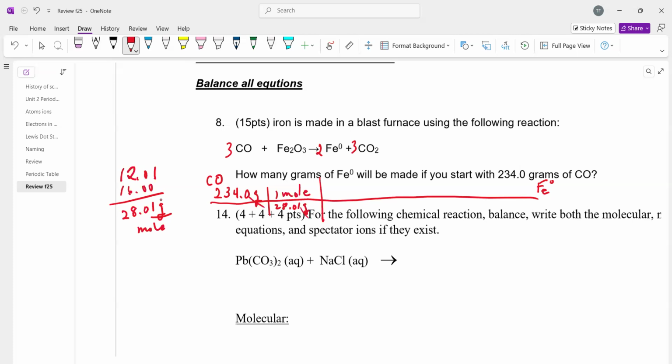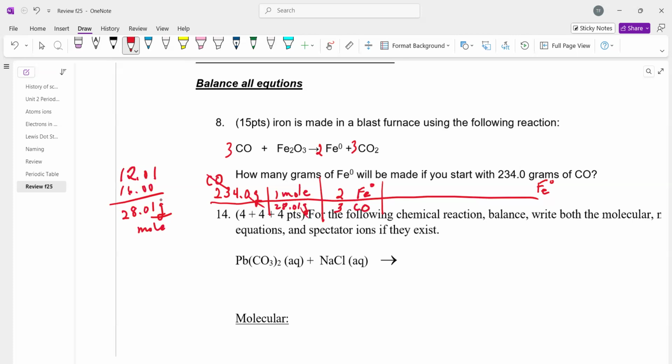Now we need to go from moles of CO to moles of iron. So moles of CO needs to be in the bottom to cancel. Iron needs to be on top. Okay, so the 2 and the 3 come from the balanced equation coefficients.